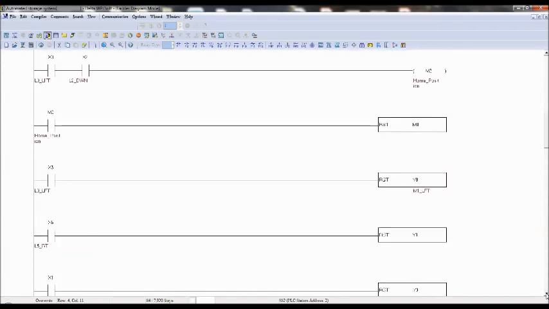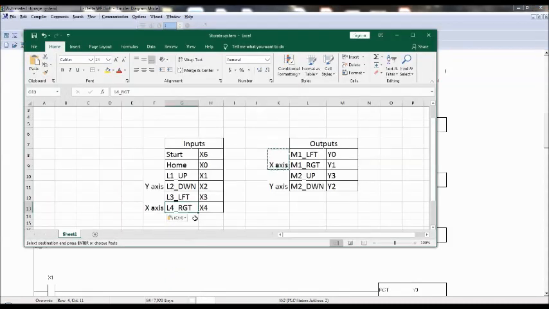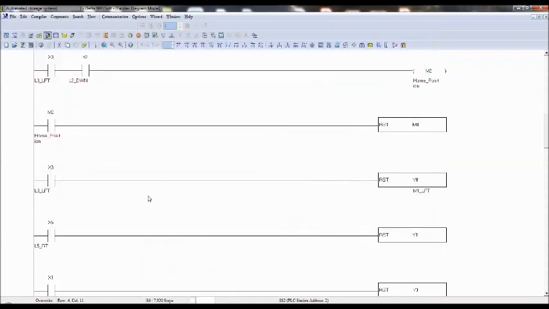Okay, I have taken x5 here, so I have to update here. It is x5. Okay, yeah. So right, that is x5.